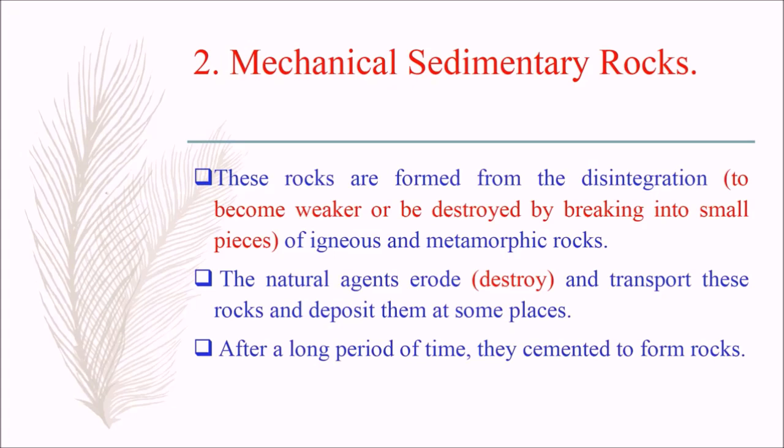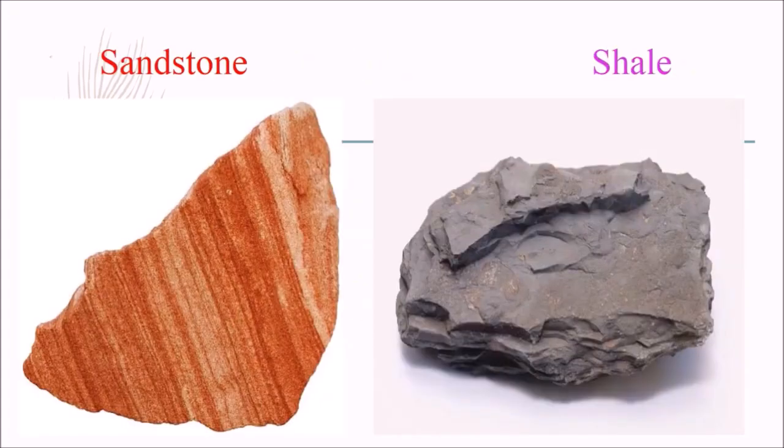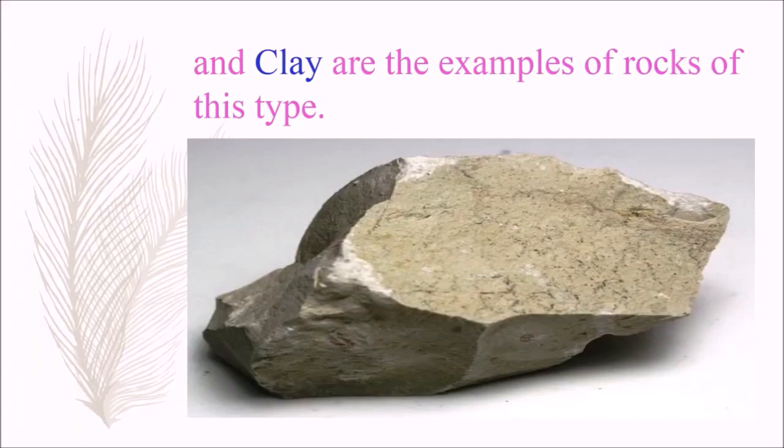The natural agents erode, meaning destroy, and transport these rocks and deposit them at some places. After a long period of time, they cemented to form rocks. Sandstone, shale and clay are the examples of rocks of this type. Here we can see the picture of sandstone and shale.